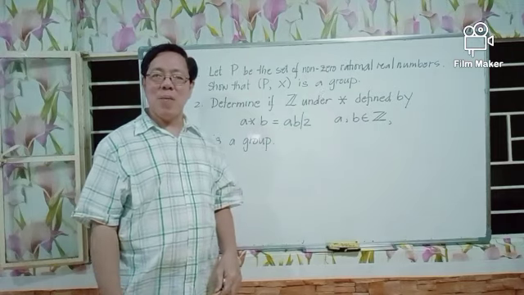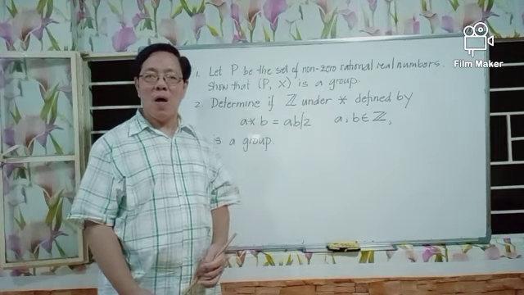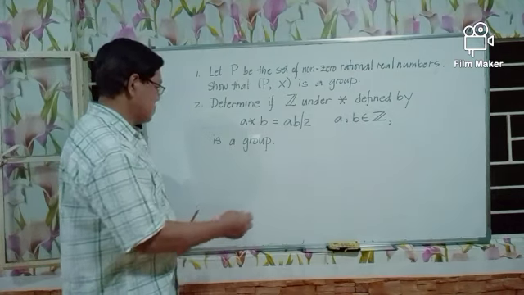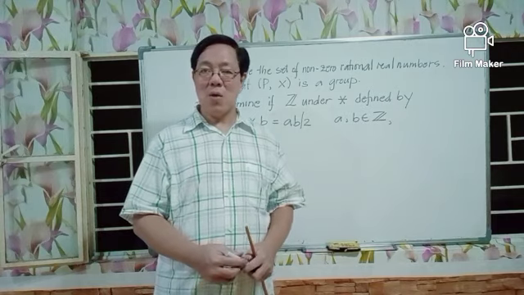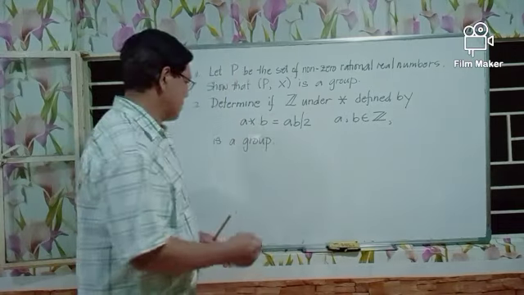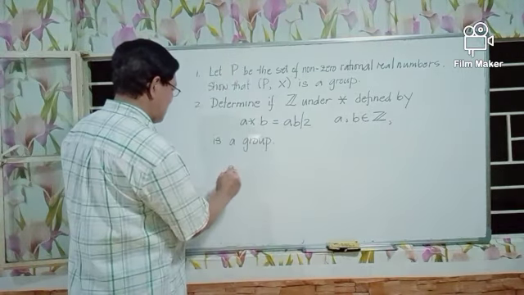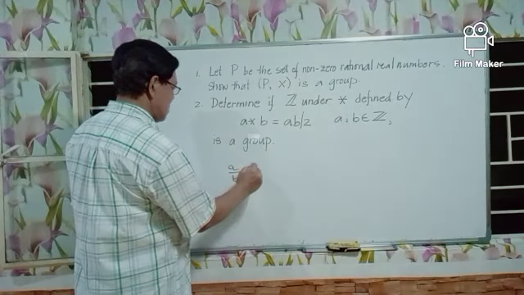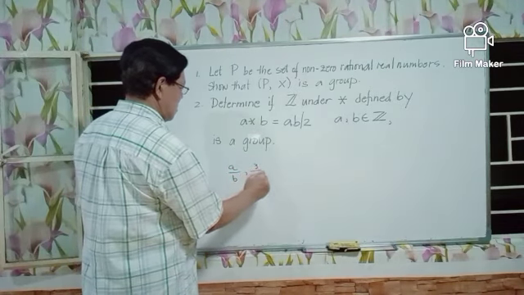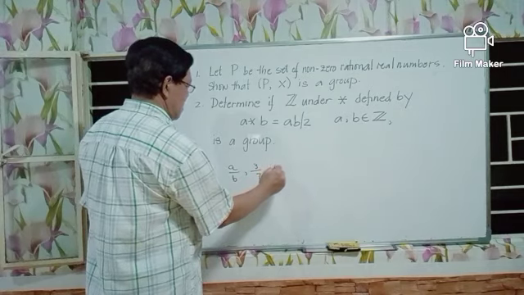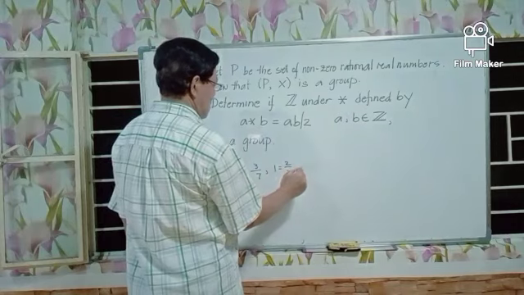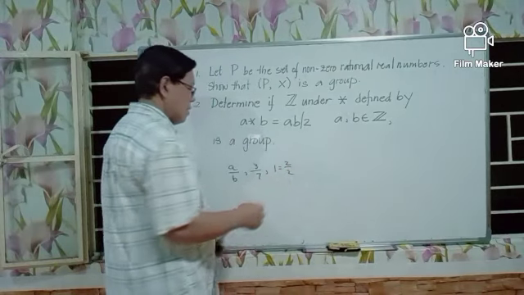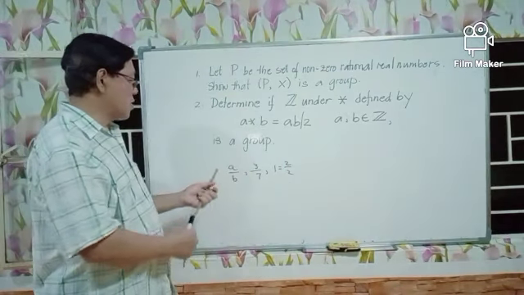A rational number is a number that is a ratio of two integers. These are examples of rational numbers.